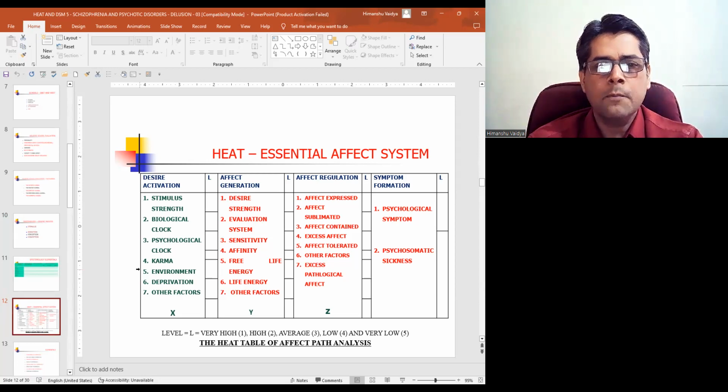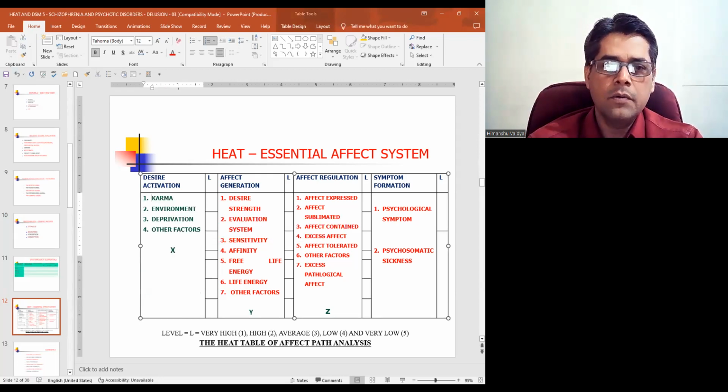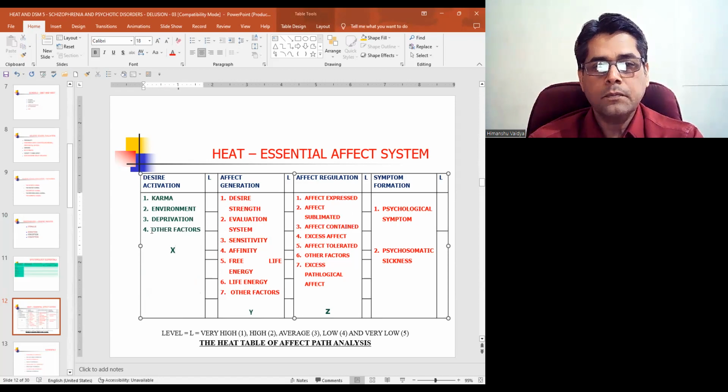So for this monk, is it the strength of the stimulus? No. Is it the biological clock? No. Psychological clock? No. Is it other factors? We don't know. Let us say we are convinced nothing else is at work.